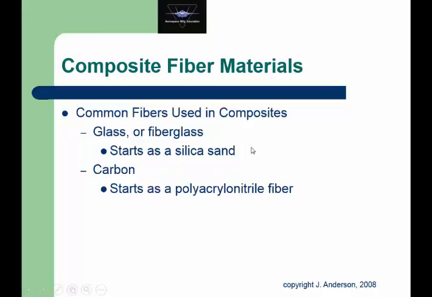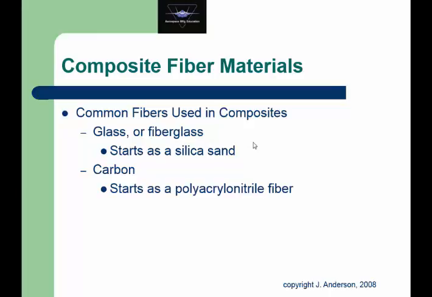It's run through a glass making process where you end up with molten glass at high temperature that you extrude through a small orifice to get this glass fiber, and then you quench that. This comes in a couple of different grades. Typically, the tensile strength of fiberglass is between 3.5 and 4.5 gigapascals.